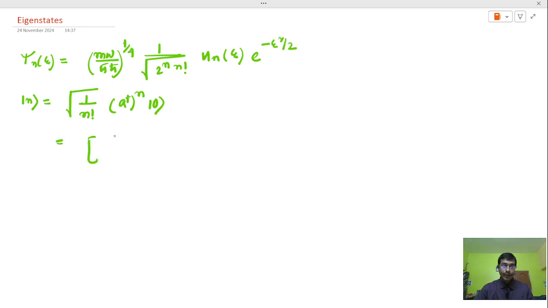Generalization form: a dagger to the power n by root n factorial, ket 0.